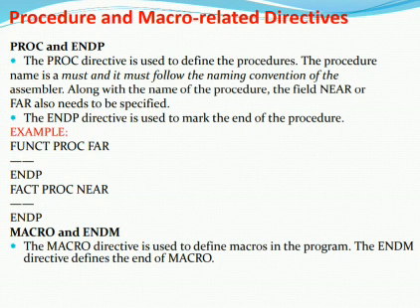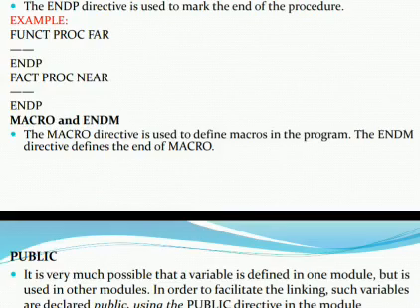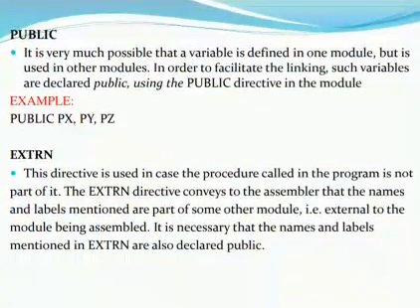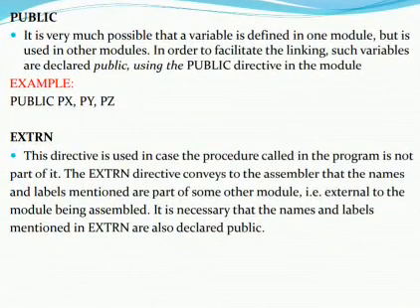And the next directive is MACRO and ENDM. The MACRO directive is used to define macros in the program and the ENDM directive defines the end of the macro. And the next ones are public and external. It is very much possible that a variable is defined in one module but is used in another module.